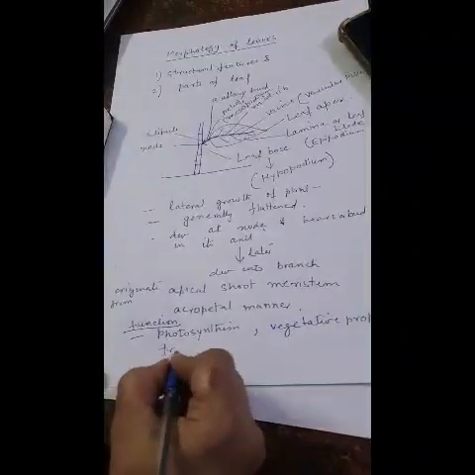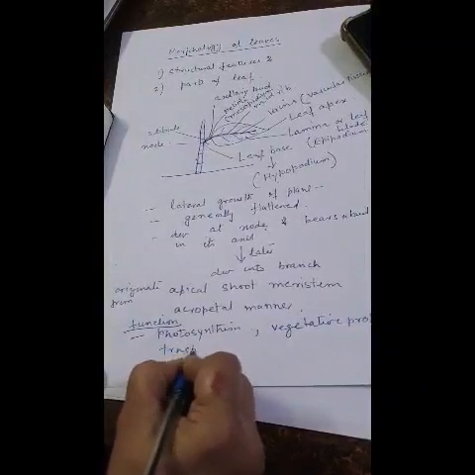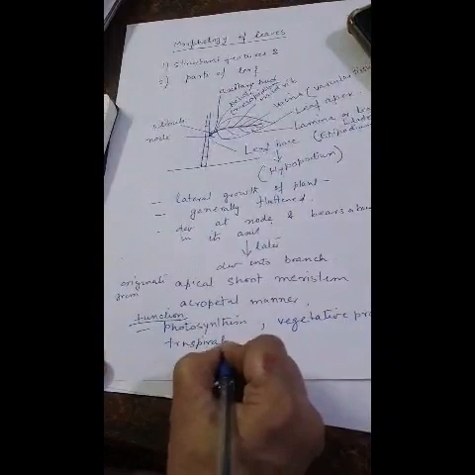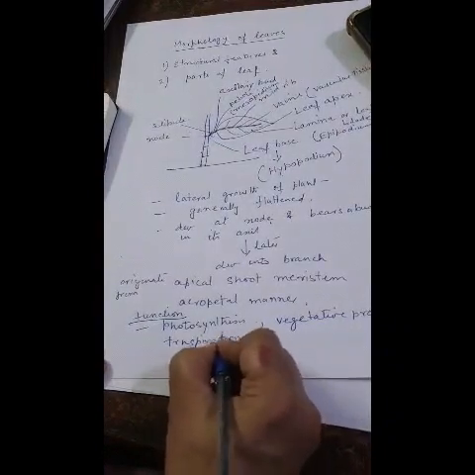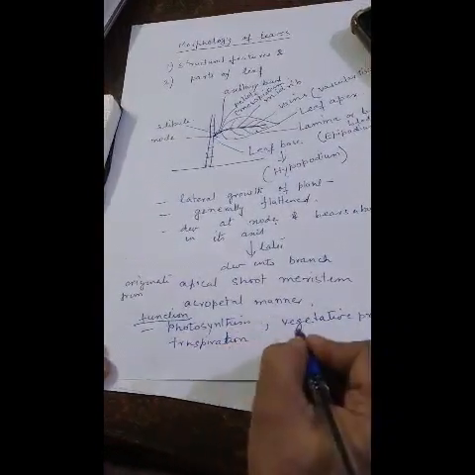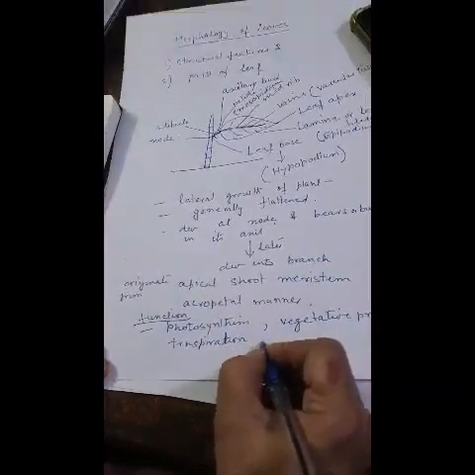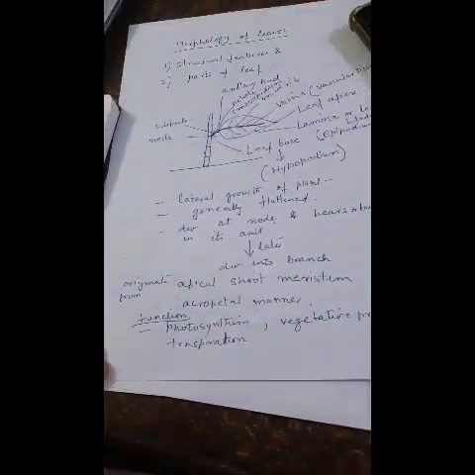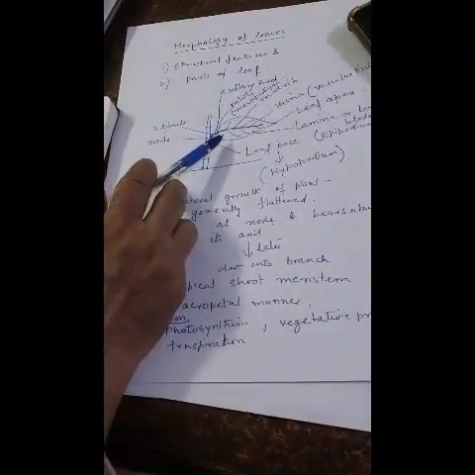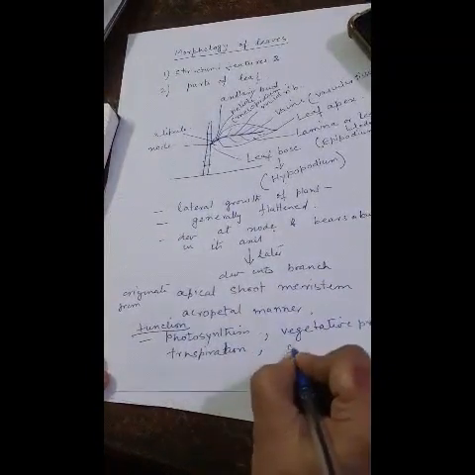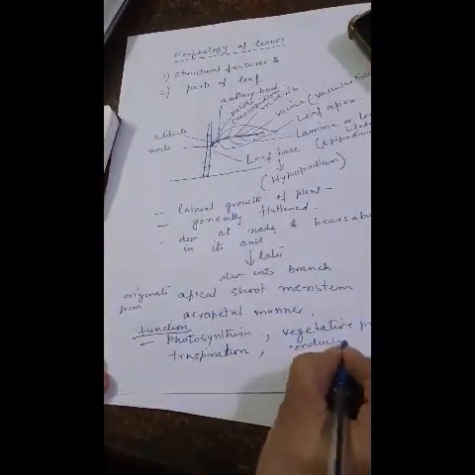Transpiration. And conduction of minerals and water to whole part of the body. ये कौन करता है? ये जो veins है, veins vascular tissue है, xylem and phloem है.